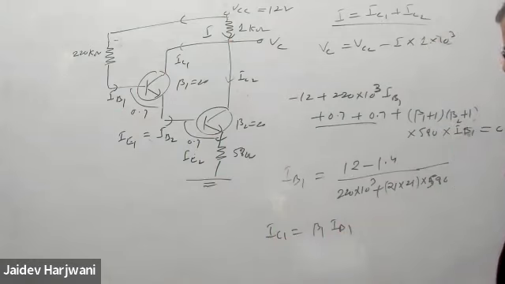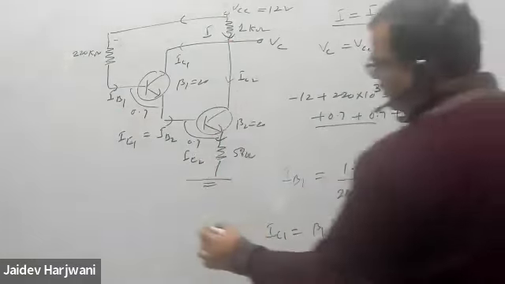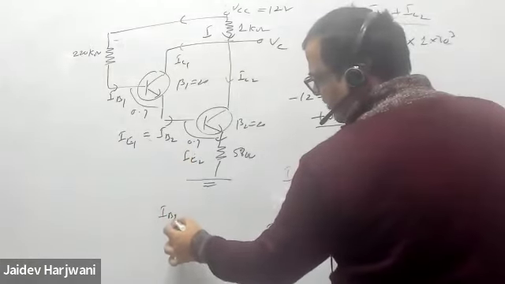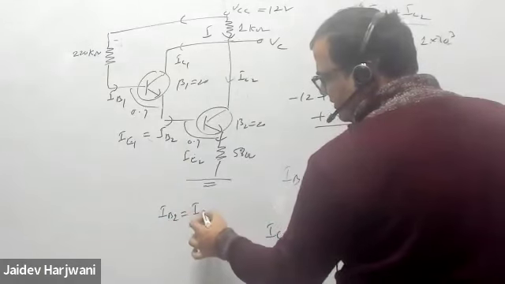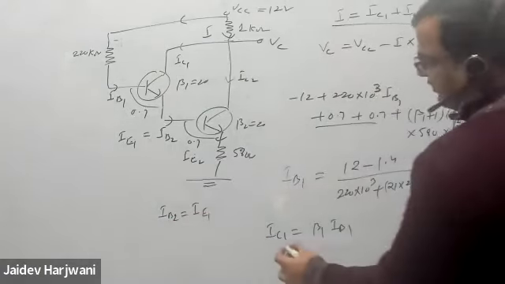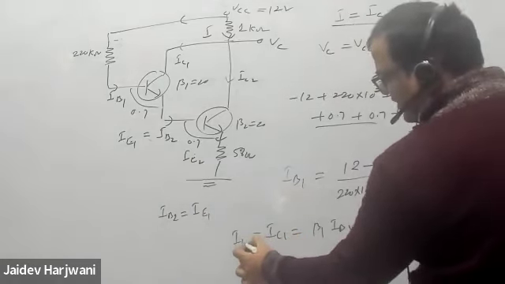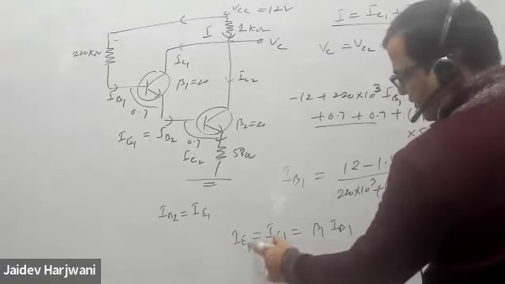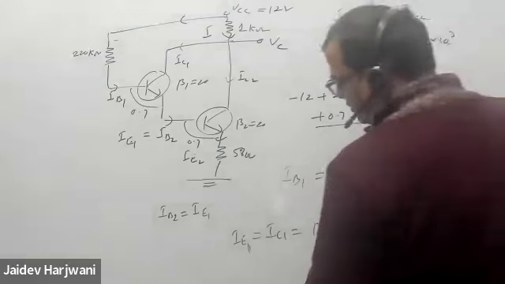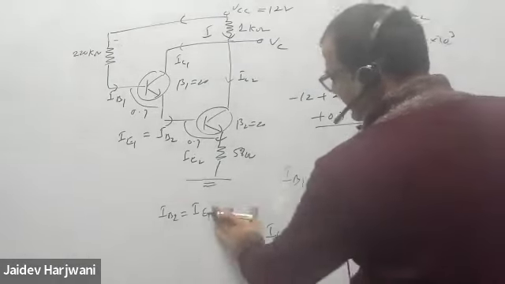And if I know IB1, I know IE2, IB2, because IB2 is what? IE1. If I know IC1, automatically I know IE1. And if I know IE1, I know IB2. And if I know IB2, then what do I know? You can find every quantity.